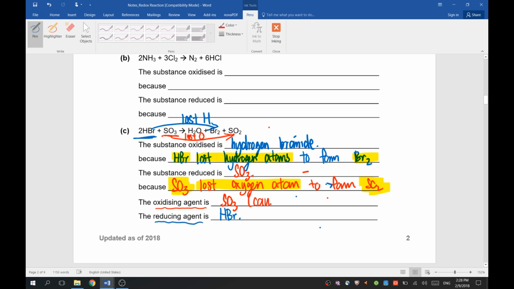Okay, so take note, causes another substance to be oxidized. That's the meaning of an oxidizing agent. And in this case, HBr, hydrogen bromide, is the reducing agent because it causes another substance to be reduced.